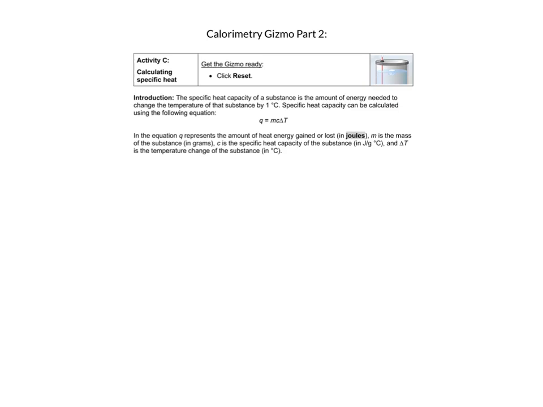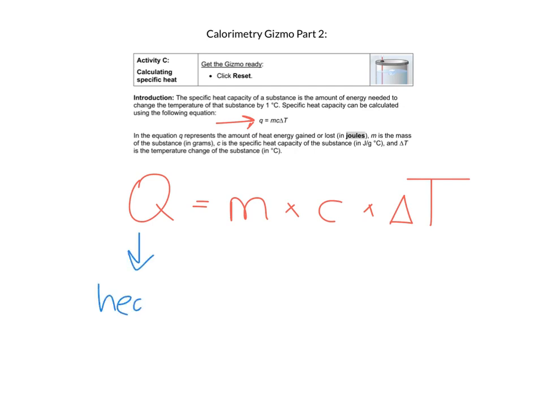Okay, so in order to figure out how much actual total heat that is, we need to use this equation here, our Q equation. I call it the Q equation because it's Q equals M times C times delta T. So the Q is heat.